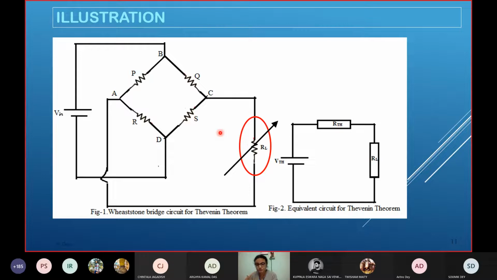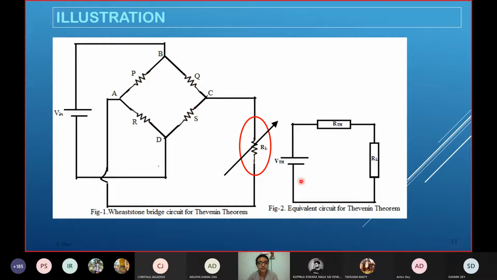This whole network can be equivalently represented with this, where V Thevenin is the equivalent voltage source. How to measure it? Make RL open, and measure the voltage across A and C with RL open circuited, RL removed.